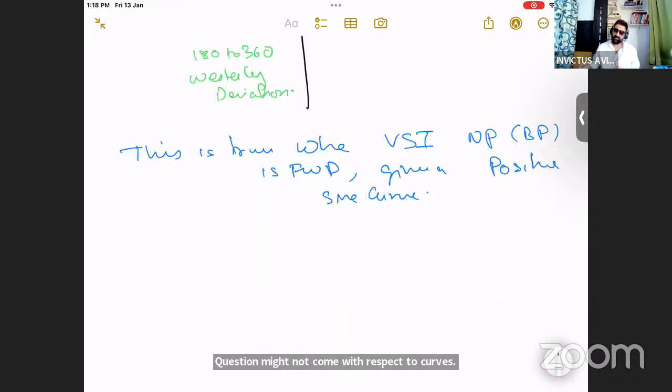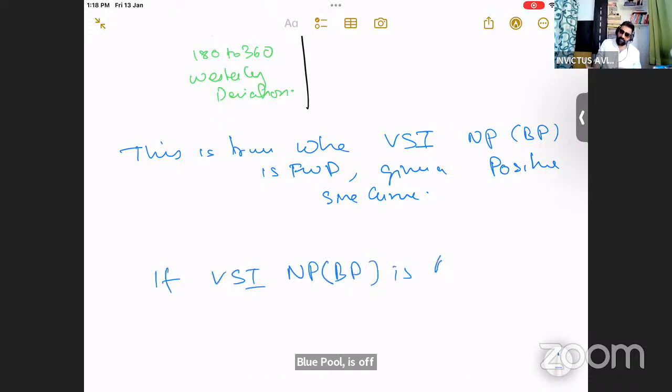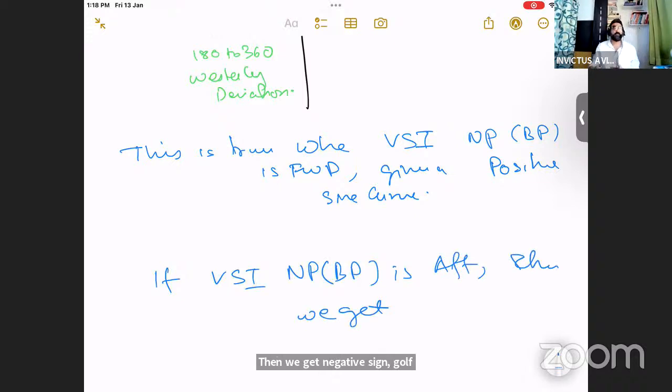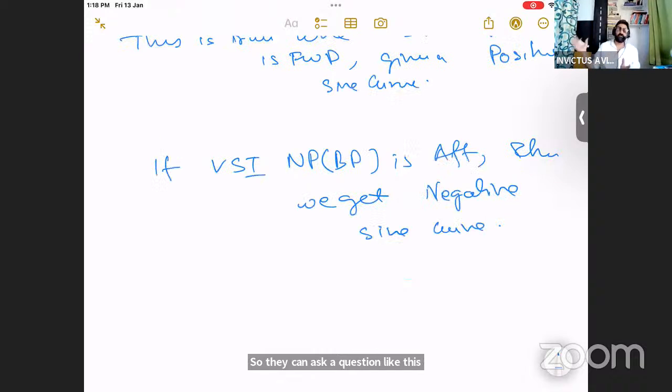If the VSI north pole, that is the blue pole, is aft, then we get a negative sine curve. So they can ask a question like this: what if your VSI induced pole is aft? Then you should know the correct answers. Okay, since you have studied this much, you should be ready for that too, right?